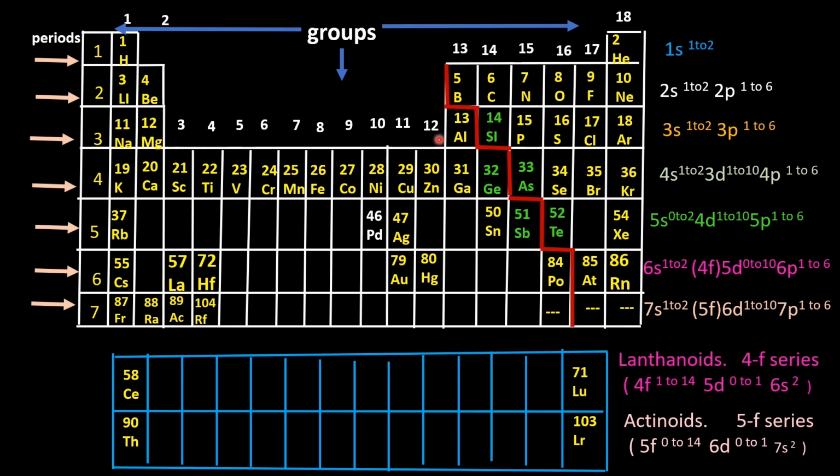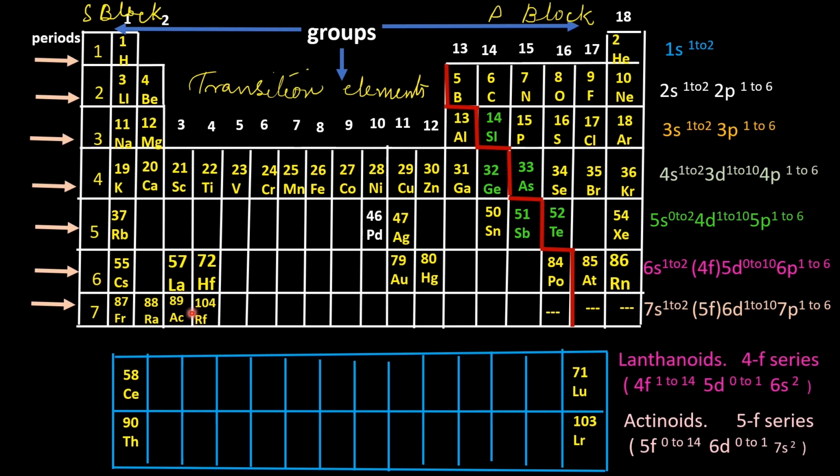Groups 3 to 12, the last electron goes to the corresponding d subshell. So they are called d block elements or transition elements. Their d subshell electron configuration will be (n-1)d1 to 10. The f block elements are shown separately at the bottom.